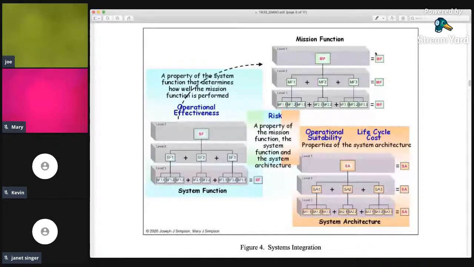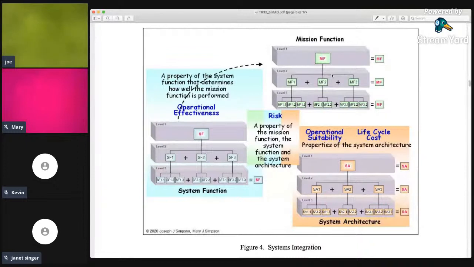And most everyone in the large top-down system design groups, they don't make a clear distinction between the system function or the mission function. And this confusion then creates a tremendous amount of extra work and just some very strong communication barriers.